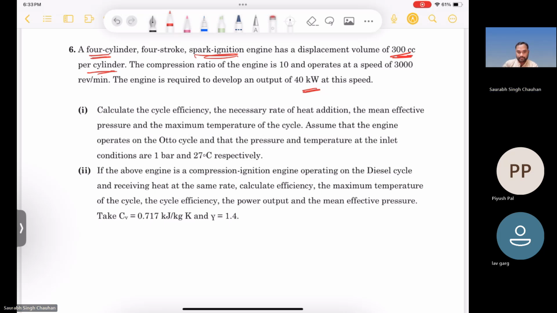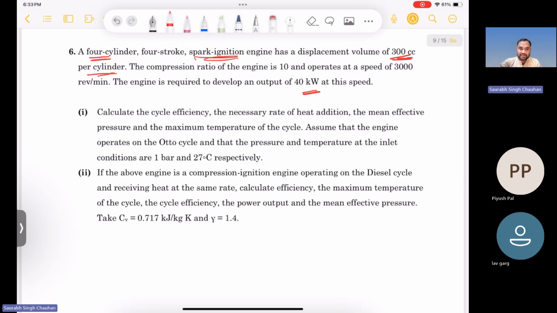So the diesel cycle or Otto cycle or whatever cycle, these are ideal cycles. That's why it is written that we have to assume that it is the Otto cycle, but in reality it is different. Maybe I can show you the real cycle. I will try to show you some real data so you can compare it with the real cycles. Today I don't have it, but I will show you in the next session, so please attend the next session.